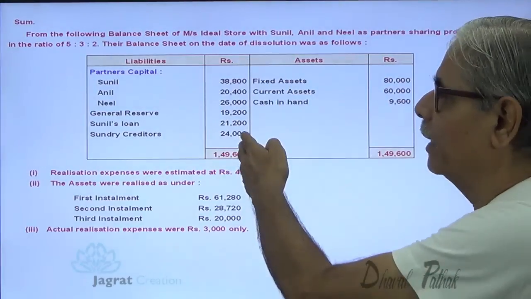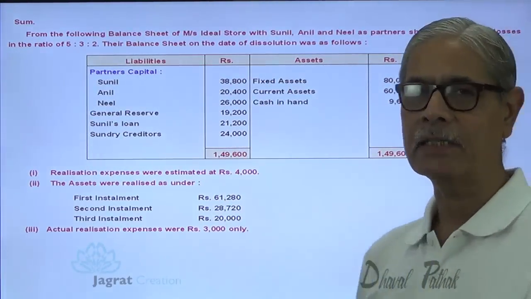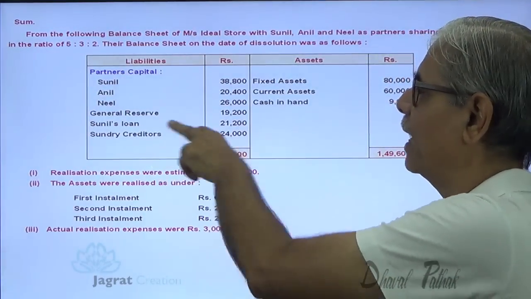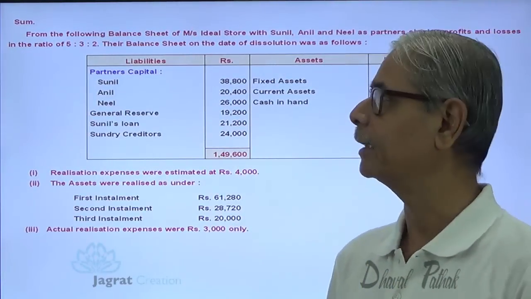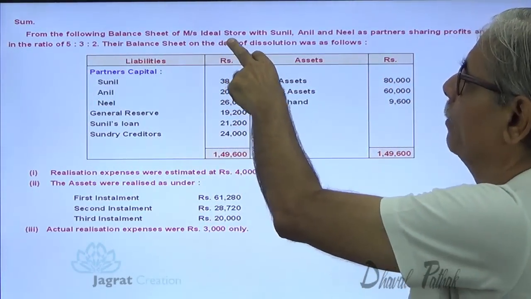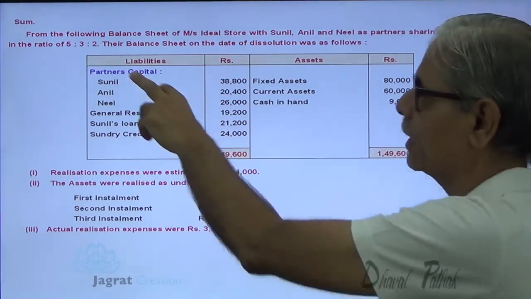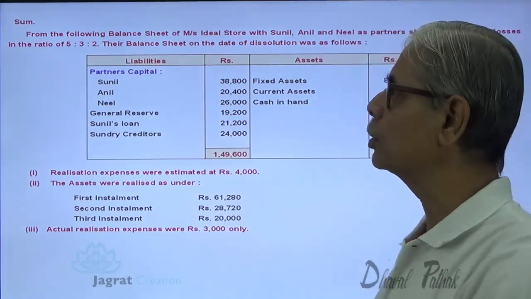If you look at the liability side, outsiders payment is 24,000 and partners loan is 21,200. From the following balance sheet of Messrs. Ideal Stores, Sunil, Anil and Neil are the partners sharing profits and losses in the ratio of 5:3:2.